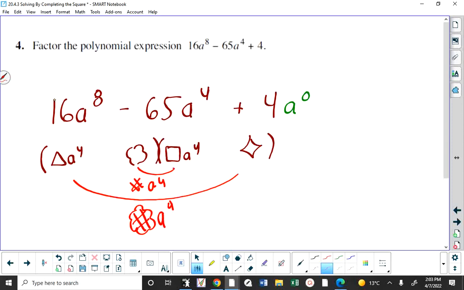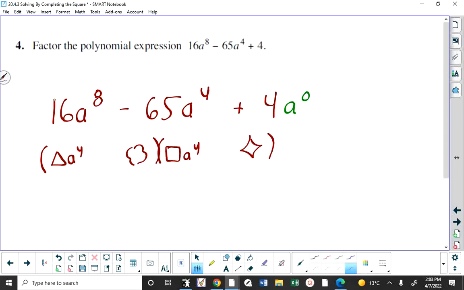But you're going to get a to the 4s, and when you add them together, you'll get a to the 4s. I think once you see all of that, you understand why this needs to be even. This needs to be half of the even number at the beginning, and this needs to be 0. That's kind of the template for something being quadratically factorable, if that's a phrase.